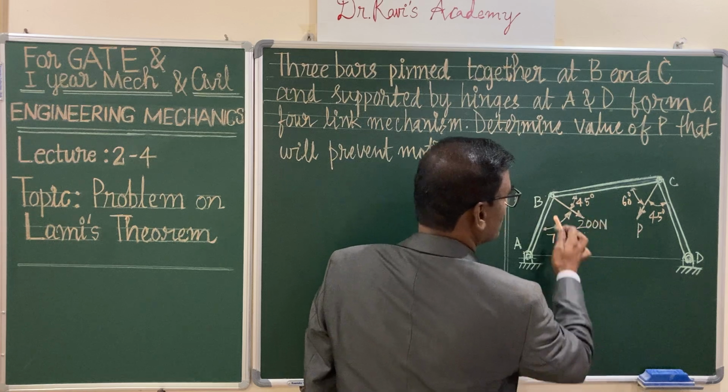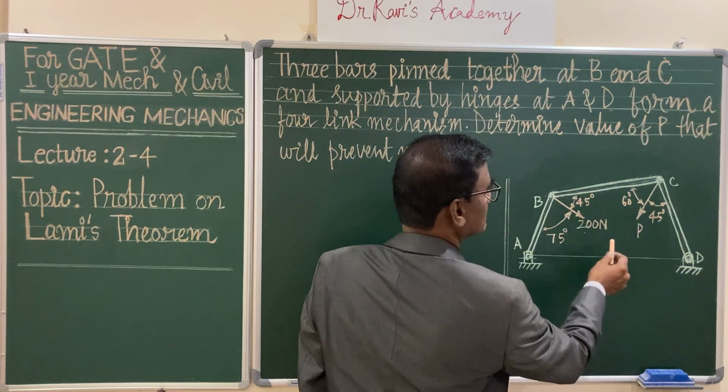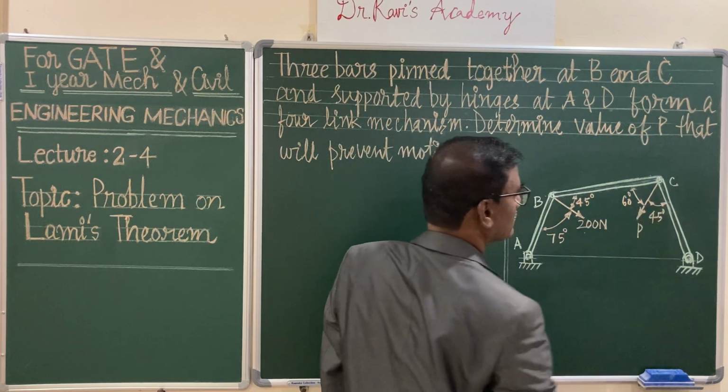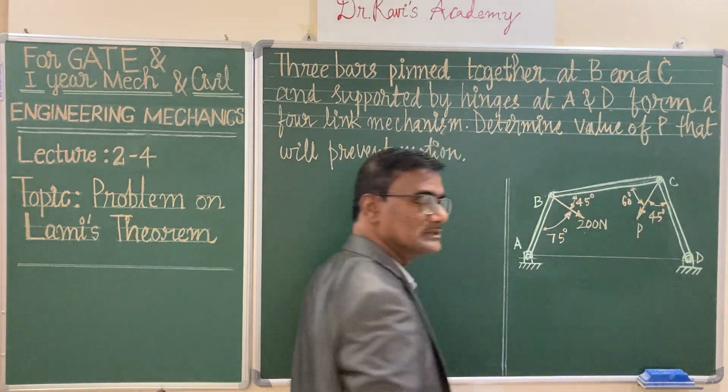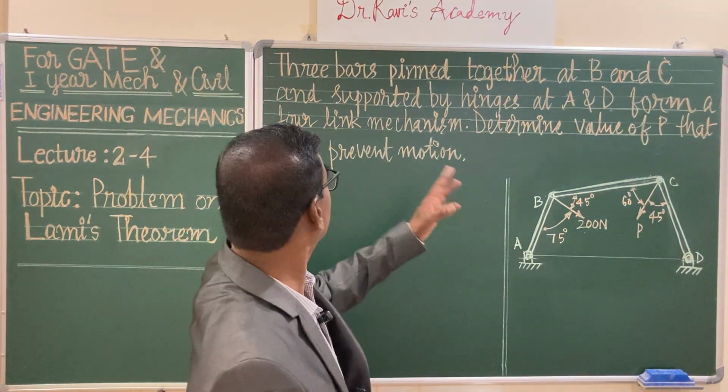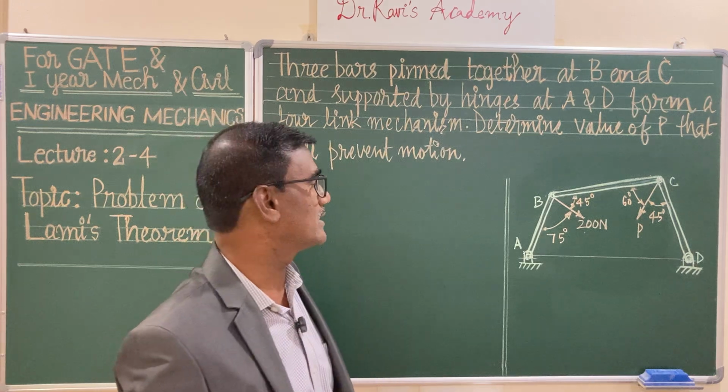So to prevent the motion of this 4-bar mechanism, what may be the magnitude of the force P required to prevent the motion? Means it is to keep in equilibrium.